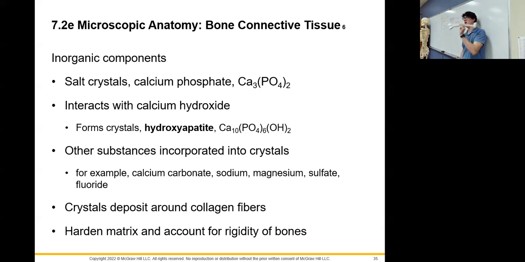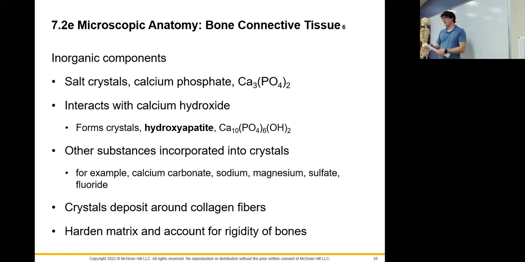We account for the brittleness of these calcium phosphate minerals by adding in collagen. So these crystals of calcium phosphate and other calcium-containing minerals are going to be found around collagen fibers. We're going to find a collagen fiber, and then all around it, we will find these calcium salts.